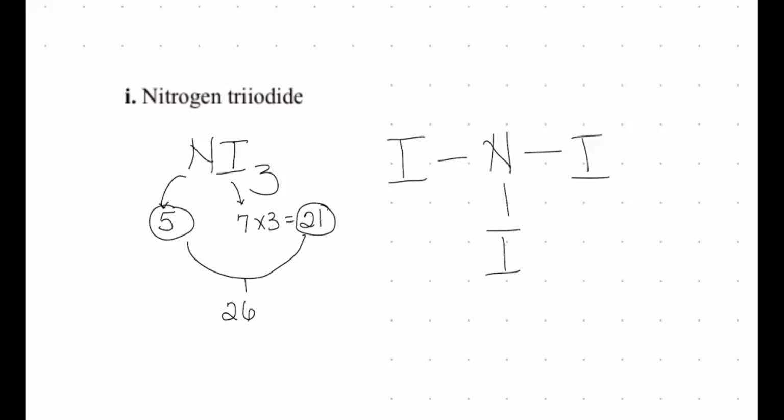So when it comes to this, we're going to start completing the octets from the outside atoms first, okay? So far, the 3 lines that we actually put around nitrogen, how many electrons do they represent total? Excellent. Each line is 2 electrons, so there's a total of 6.